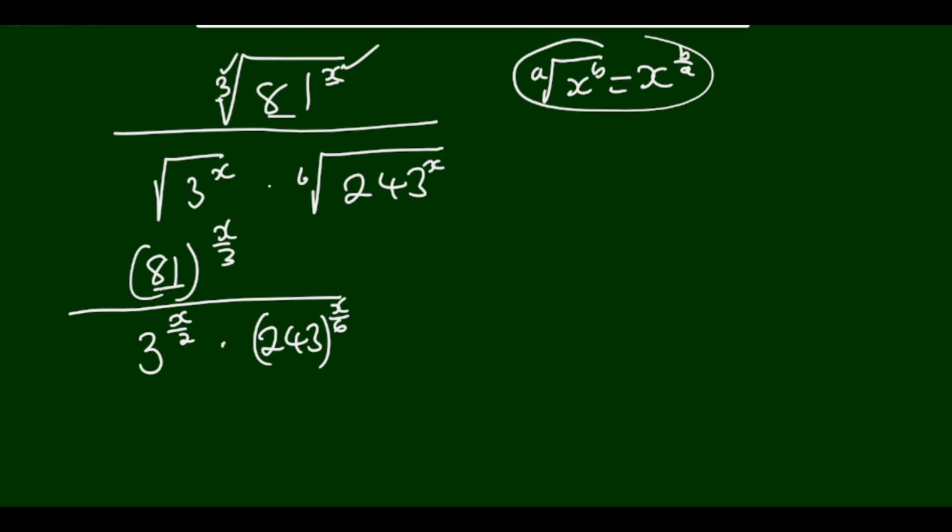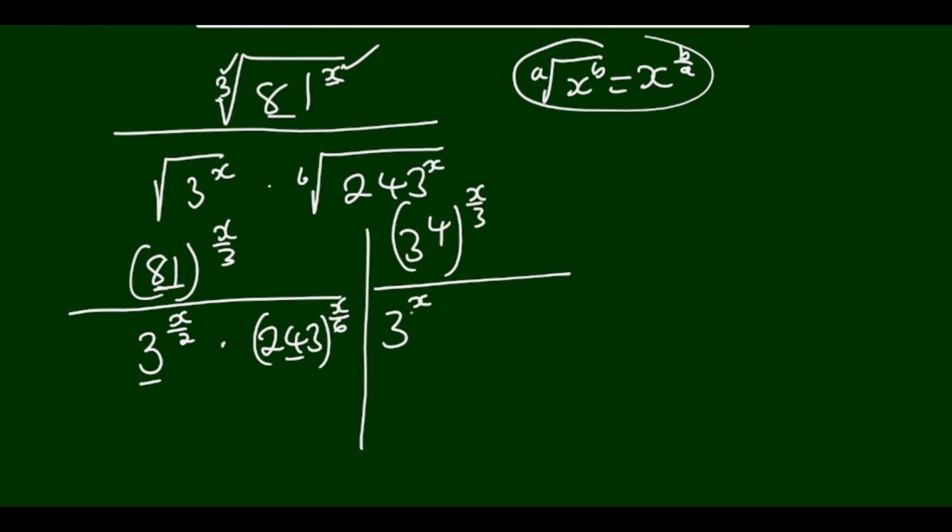And then let's change these to prime bases. 81 is 3 to the power 4. So it's going to be 3 to the power 4, and then to the power x over 3 over 3 to the power x over 2. And then 243 is like 3 to the power 5. So it's 3 to the power 5, and then x over 6 like that.